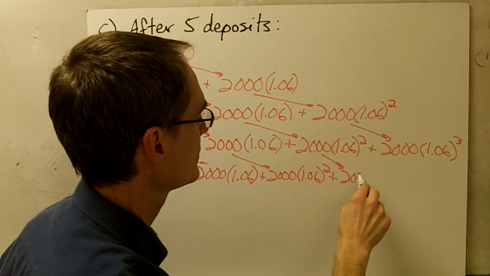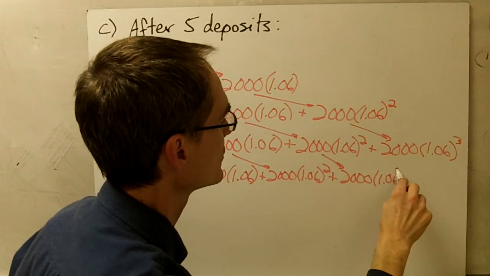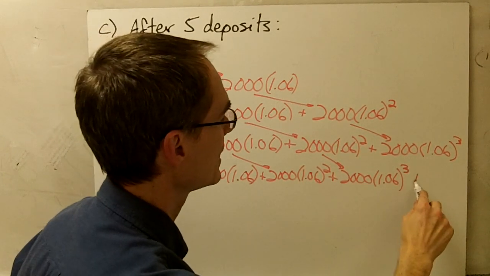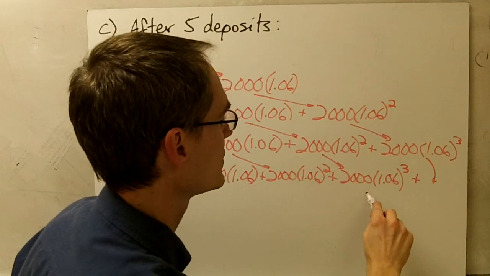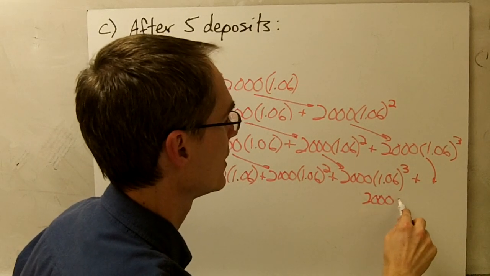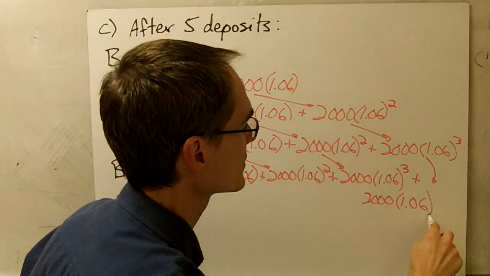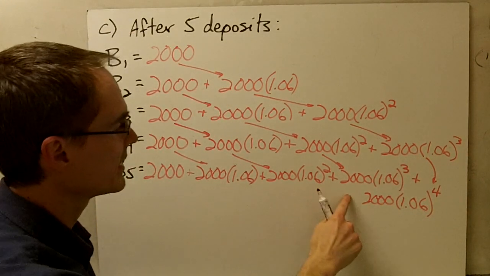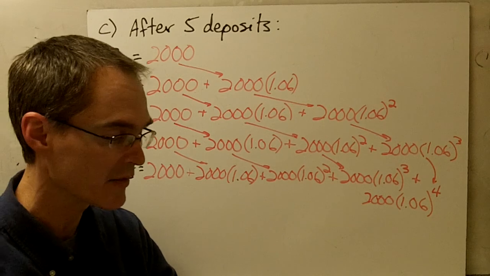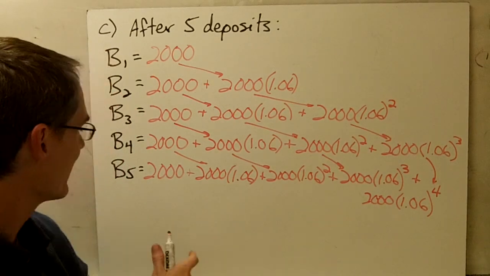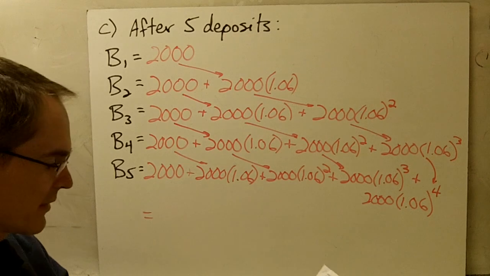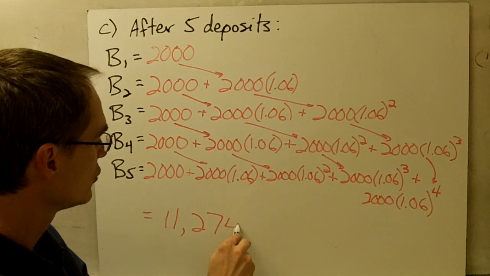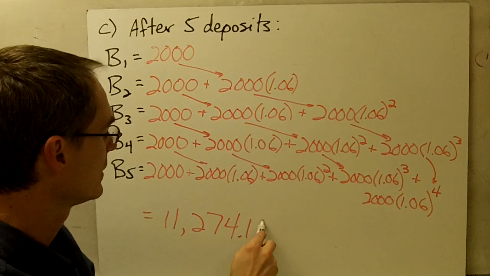Then this amount of money, $2,000 times 1.06 squared times another 1.06, is going to make it to the third power, plus this amount of money, which is going to be $2,000 times 1.06 to the power of 4. And finally, this is my expression for the total amount of money after 5 deposits. And if I punch that into my calculator, then I would get $11,274.19.